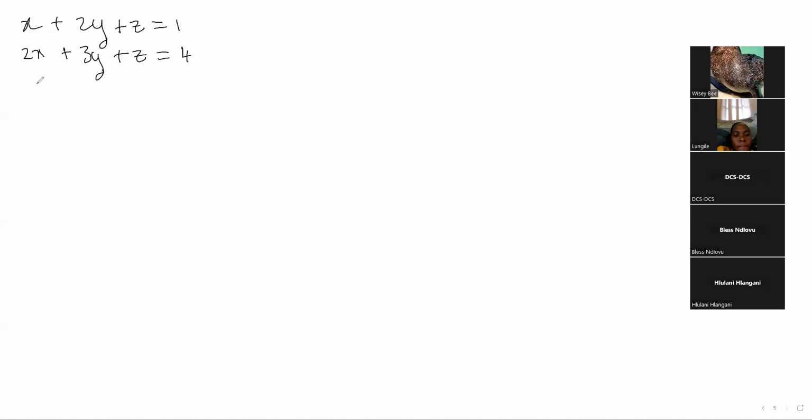And then we have 3x plus 4y plus 2z is equal to 4. You might be given a set of equations like this, and then they give you the inverse of the coefficient matrix.